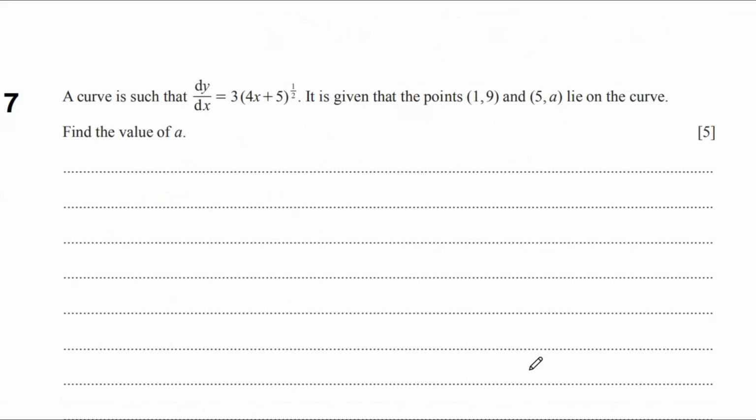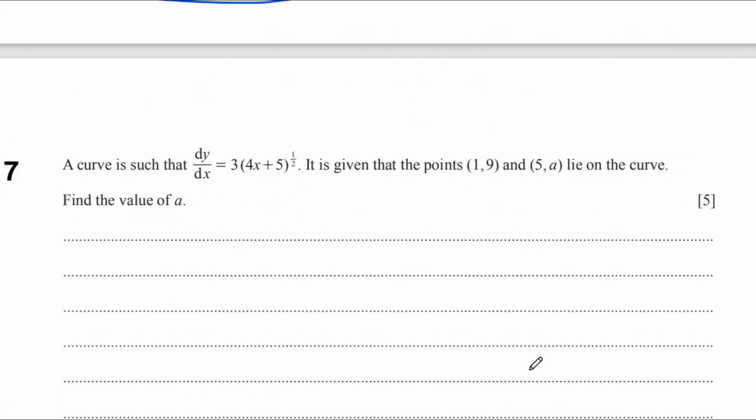The next question is, a curve is such that dy by dx equal to 3 times (4x plus 5) the whole power 1 over 2. It is given that the points (1, 9) and (5, a) lie on the curve. Find the value of a. dy by dx is given. Let's find out the equation of the curve by integrating this dy by dx.